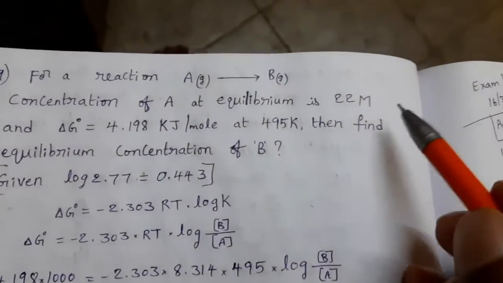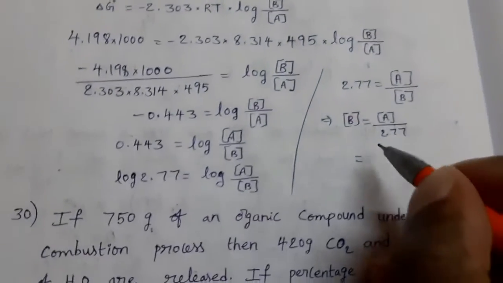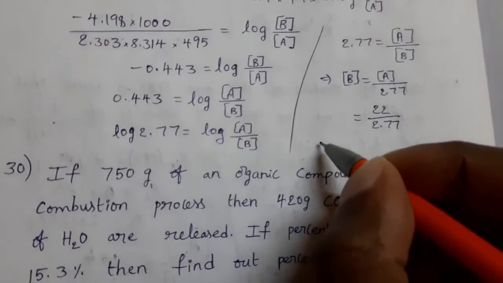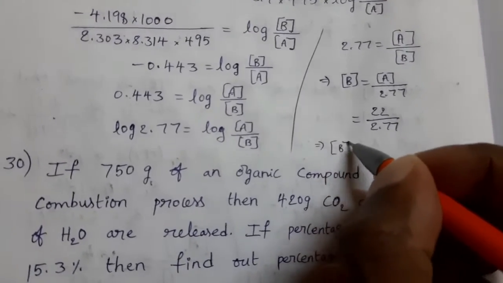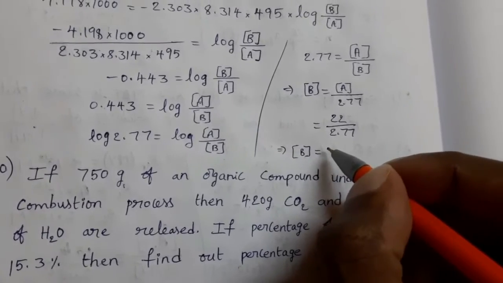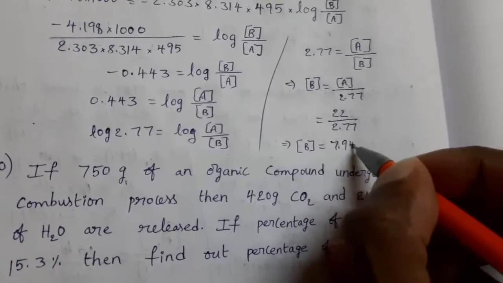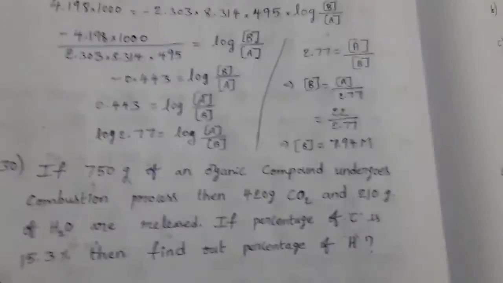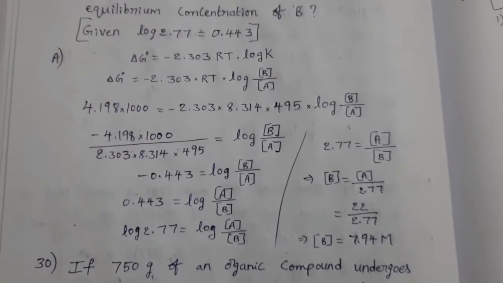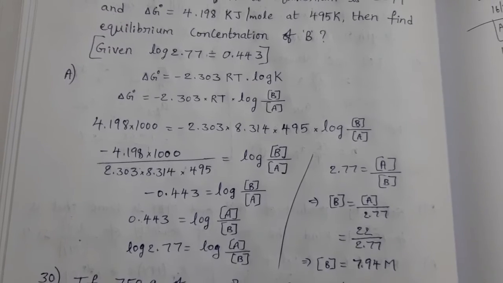How much? 22 molar. Substitute that value. 22 divided by 2.77. That implies concentration of B equal to 7.94 molar. So at equilibrium concentration of B is 7.94 molar. This is the answer for this.